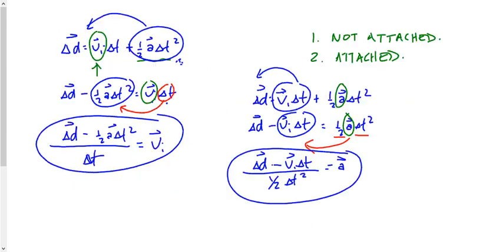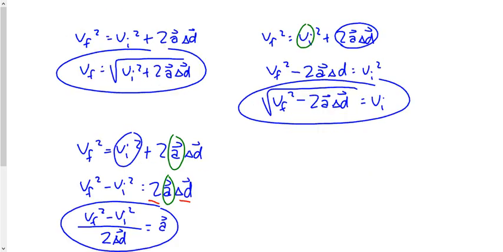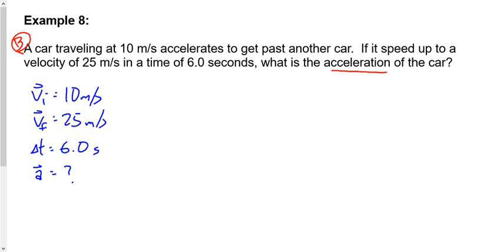We're allowed to use any of these group B equations. But let's see which one fits the best. VI, VF, A, and T. Let's try the first one. If it doesn't work for me, that's okay. We'll try another one. As long as we're not trying V is equal to delta D over delta T, we should be good.